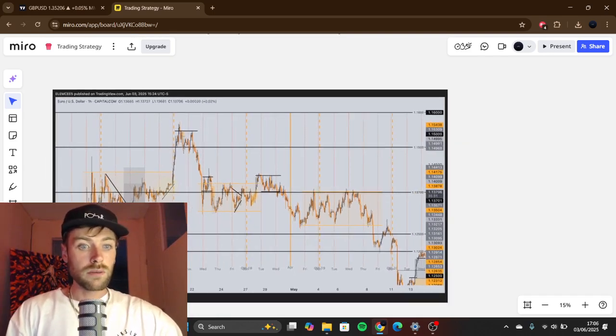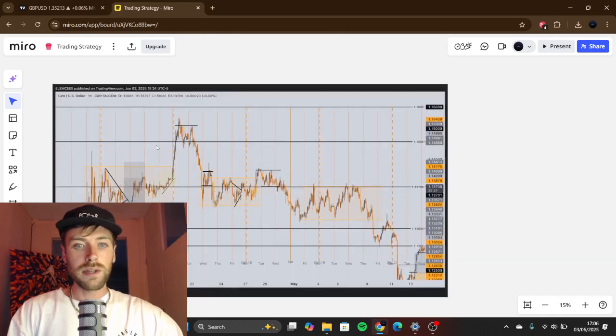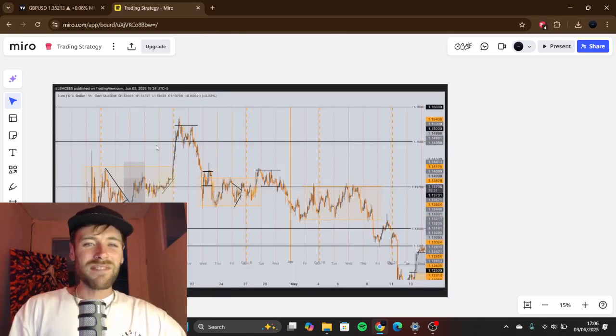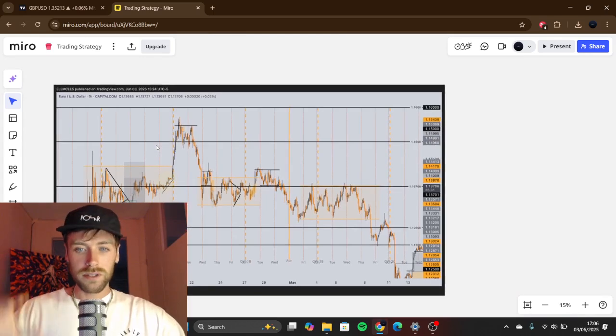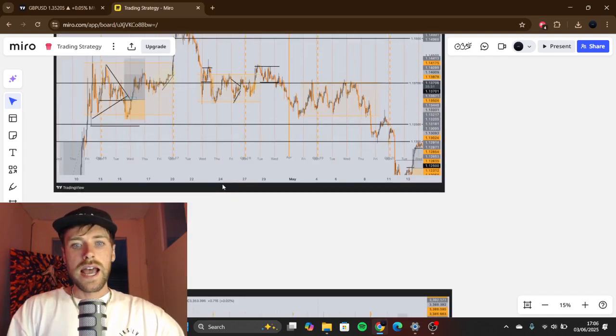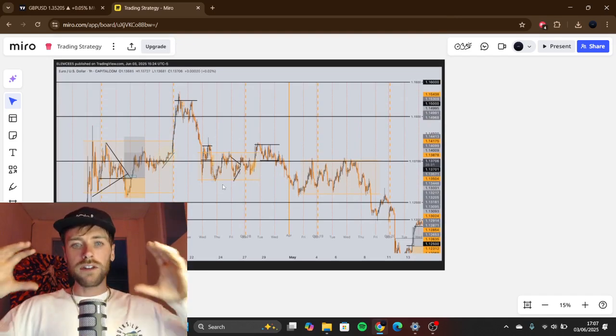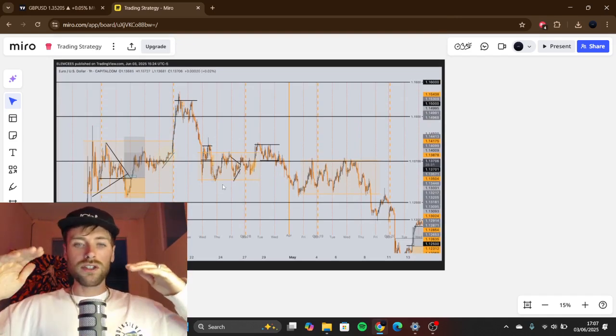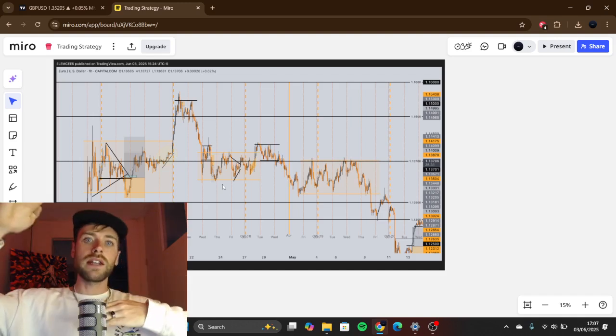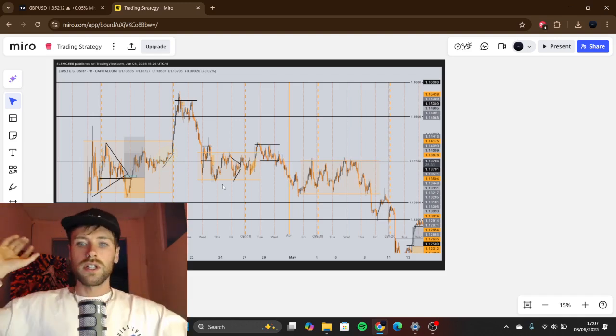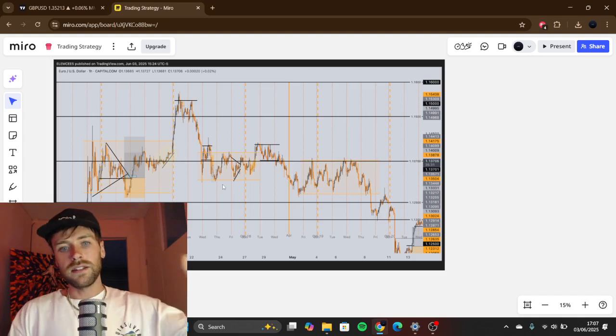I was playing around with triangles on EU a few weeks ago, but for years I've just used the horizontals, and it really helps me frame my entire viewpoint of the market, because the market is literally just consolidating, expanding, as we know, accumulating and then dispersing.